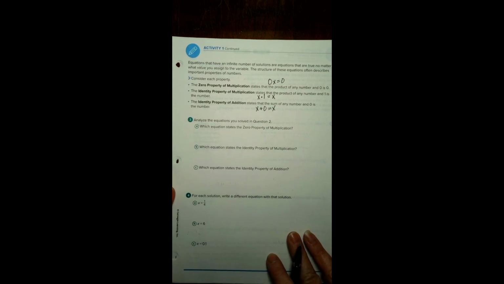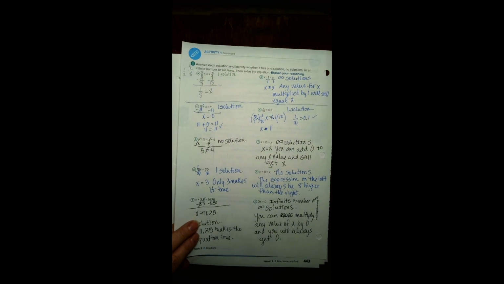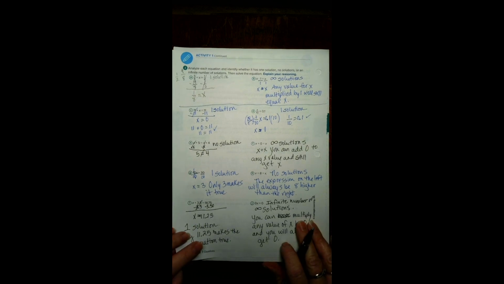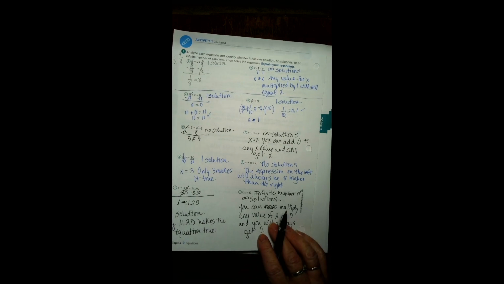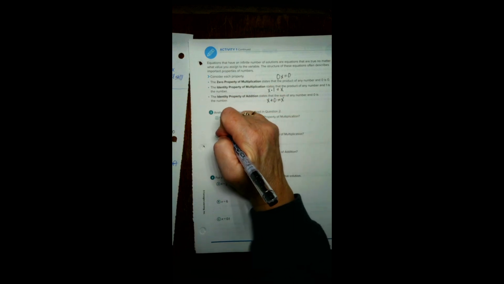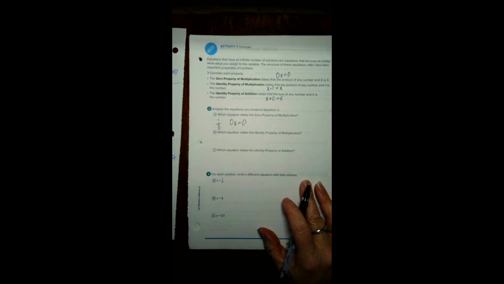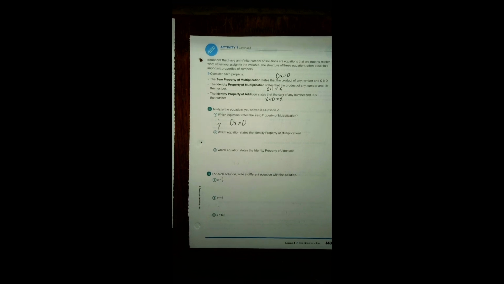Analyze the equations you solved in question 2, which states the zero property of multiplication. So zero property of multiplication, so multiplying by 0, so that would be letter J, which was 0 times x equals 0. That was letter J. Which equation states the identity property of multiplication?